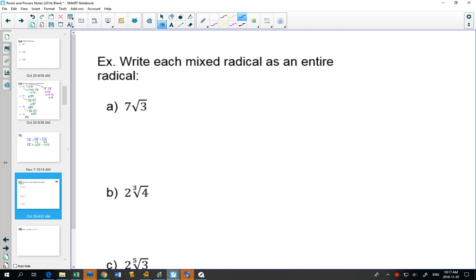But if we look at 7 root 3's, 7 root 3's is the same as the square root of what times root 3? 49. And then 49 times 3 is the square root of 147.